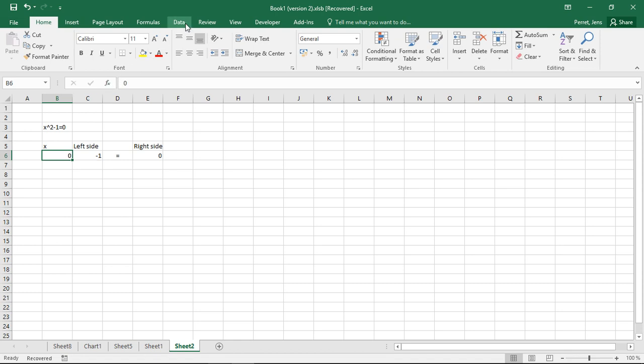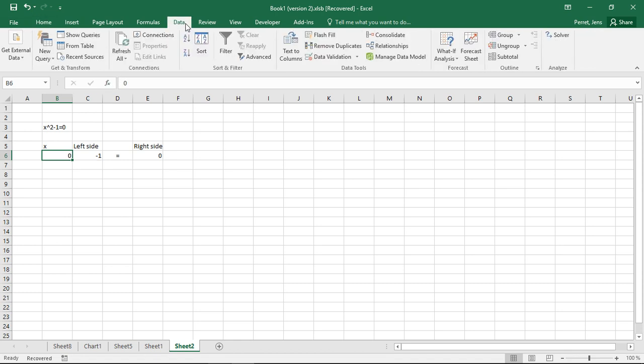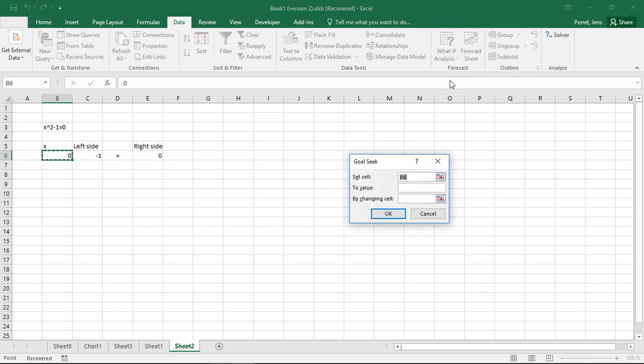So I can go to data, and in data I can find here with the what if analysis, second part, the goal seek. That's actually what I want to do. So I have to set a set cell, to value, by changing cell.